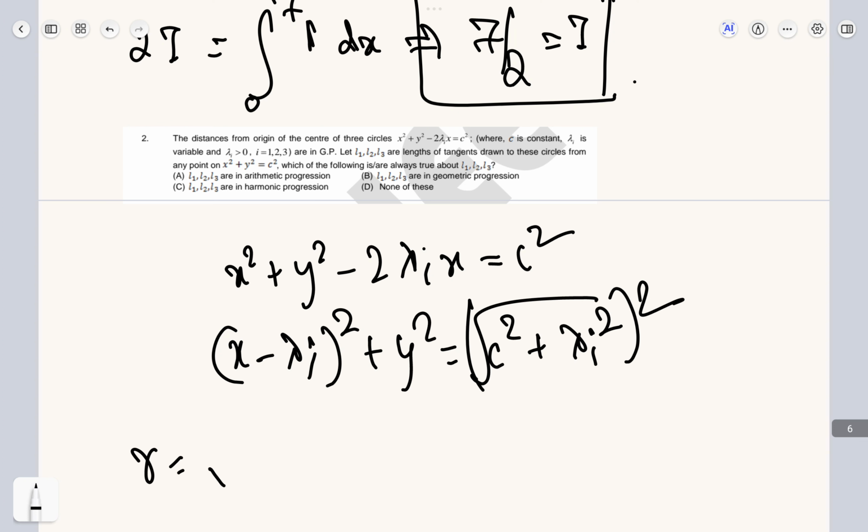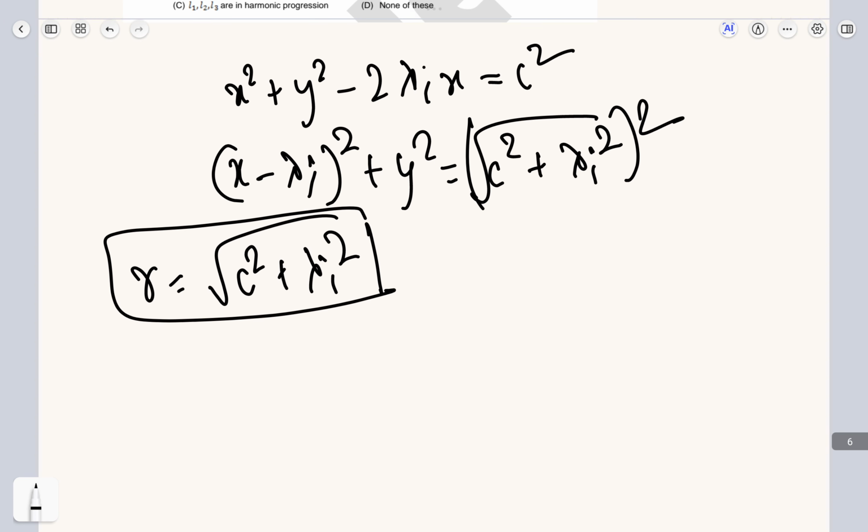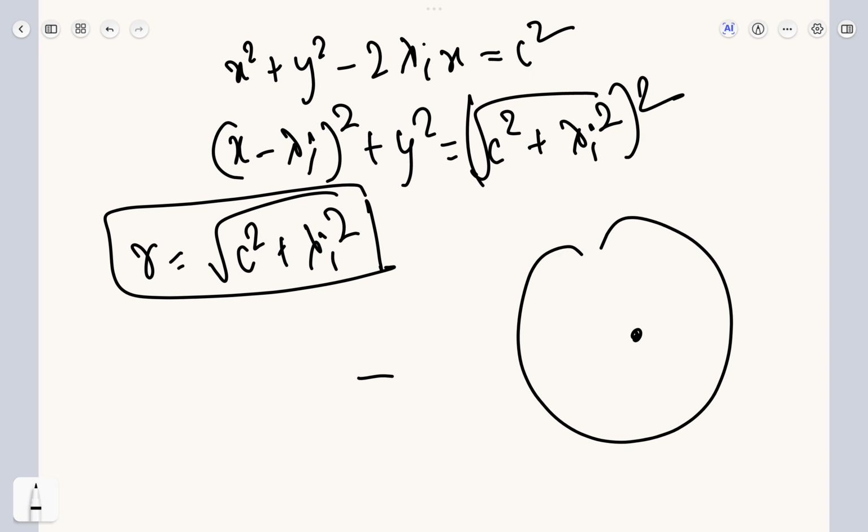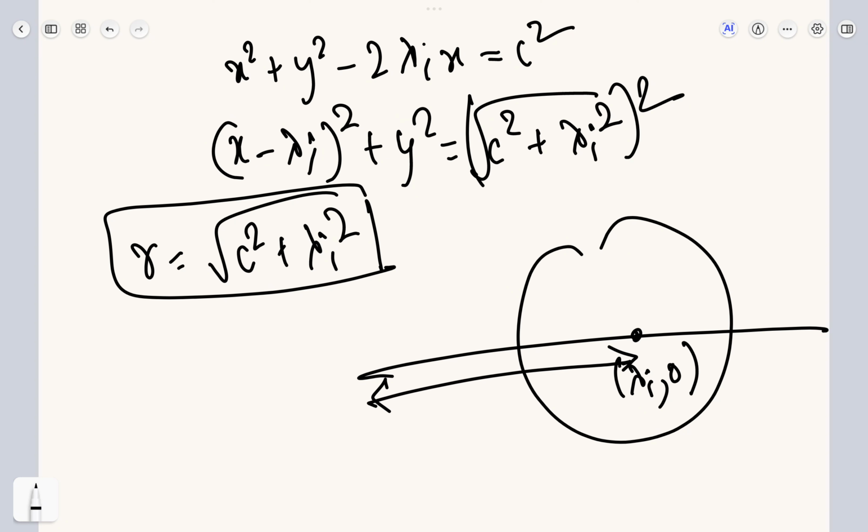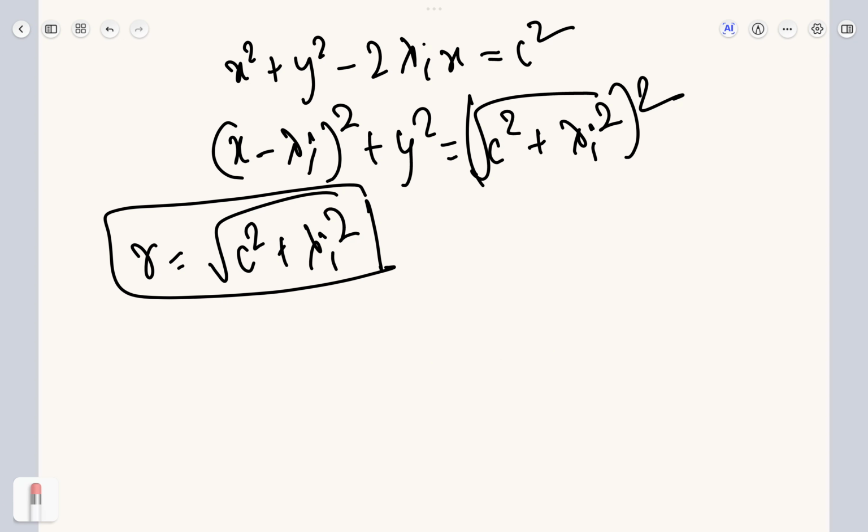So the radius is root of c square plus lambda_i square, and the distance is just lambda_i, right? So the lambda_i's are in GP.